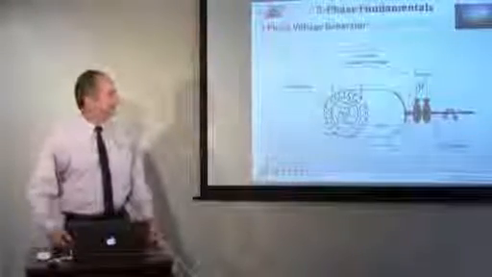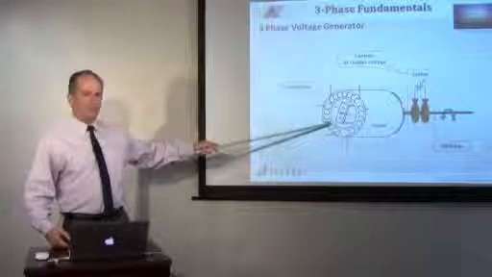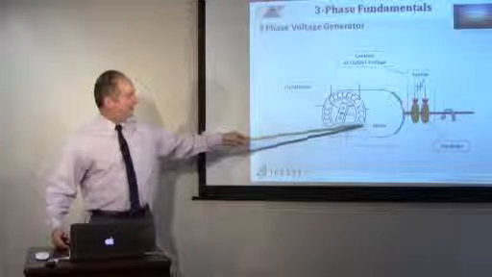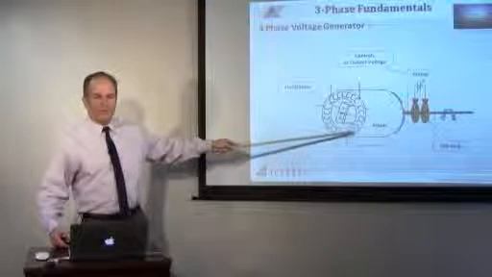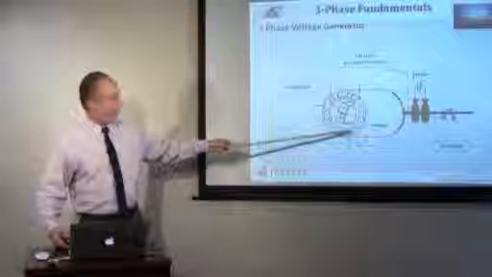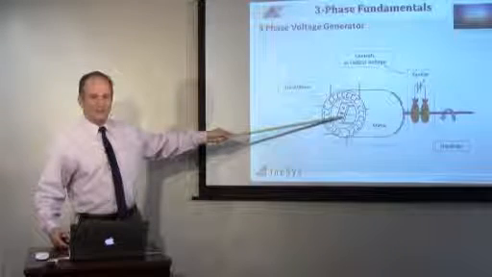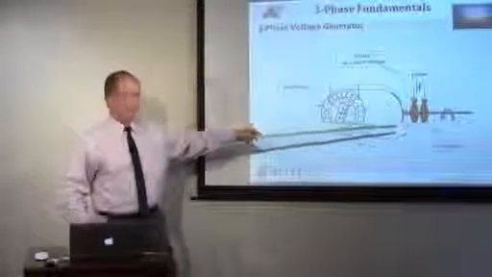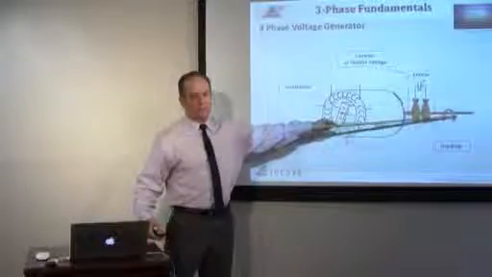So here we have a drawing that shows a stator, which is a stationary part of a generator, with 3 coils, 3 stator windings, that's representing the 3-phase, and 1 electromagnet that's producing the north and south pole, which is being turned by a prime mover.